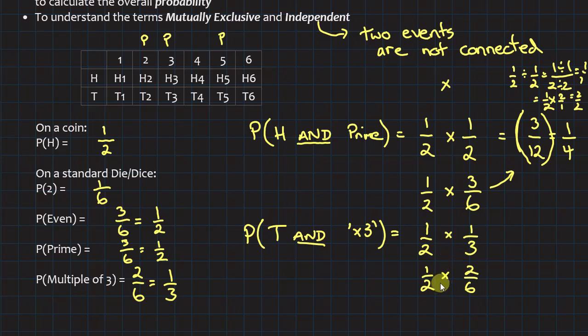So if this multiplication works, we should get the right answer. Doing the multiplication on the numerator, we get 1 over 6. If we do the bottom one, we get 2 over 12. 2 over 12 simplifies to 1 over 6, that's fine. Let's have a look at the tails.